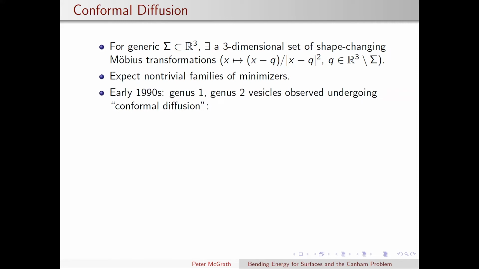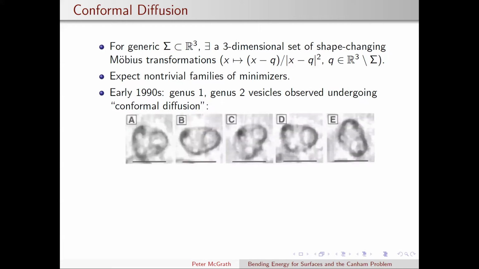However, empirically, some biophysicists observed this in the lab, actually. They found these vesicles, they have pictures of them in real time, videos of them actually doing this. These are some pictures of a genus 2 vesicle, time lapsed by about a couple seconds in each case. Its shape is actually changing. They call it conformally diffusing.